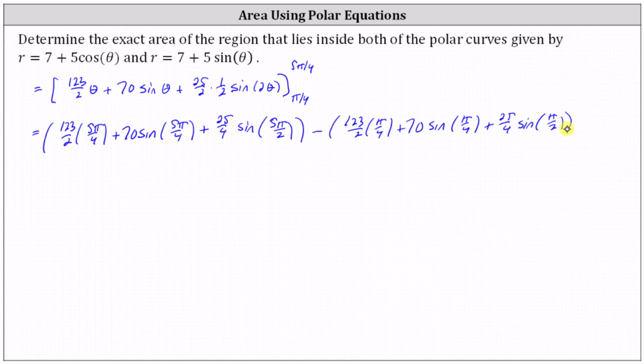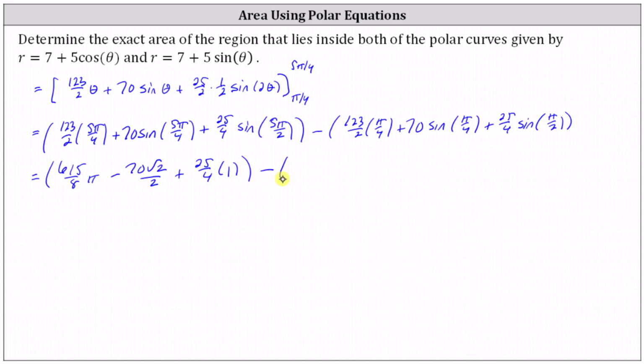And now let's simplify. 123 divided by 2 times 5 pi divided by 4 equals 615 divided by 8 pi. Sine of 5 pi divided by 4 equals negative square root 2 divided by 2. So we get minus 70 square root 2 divided by 2 plus 25 fourths times sine of 5 pi divided by 2 equals 1.